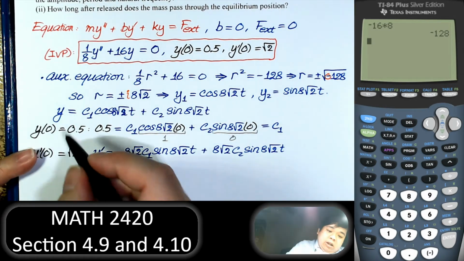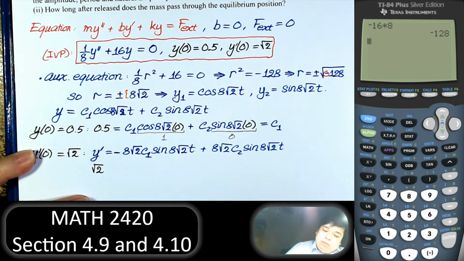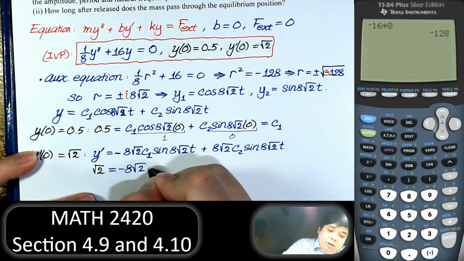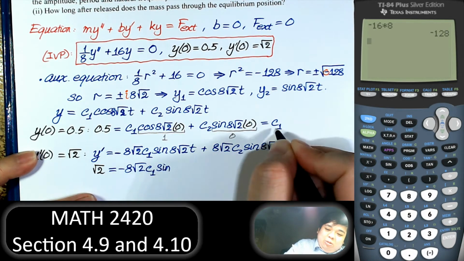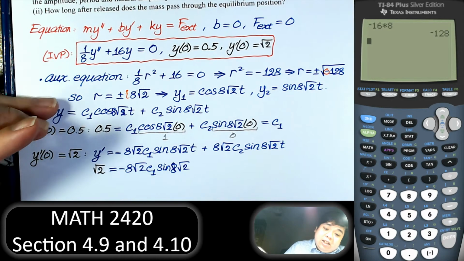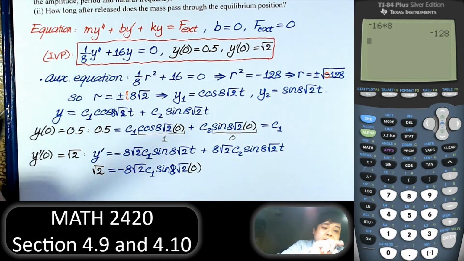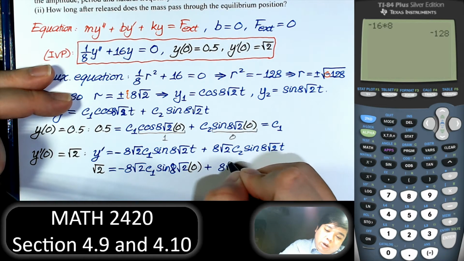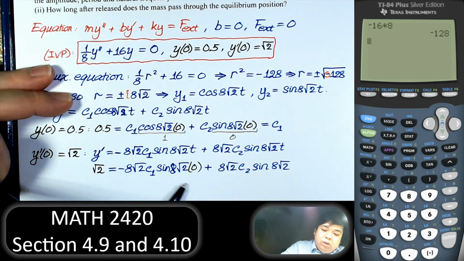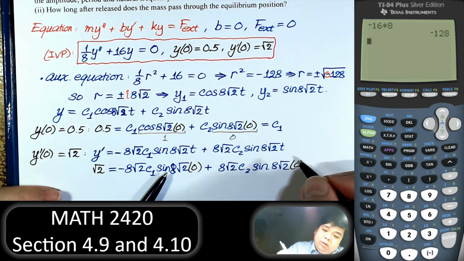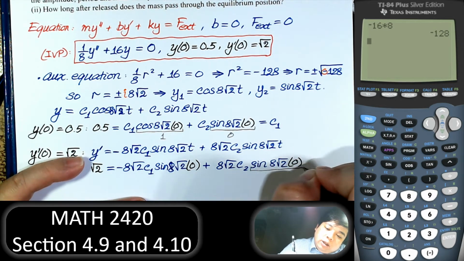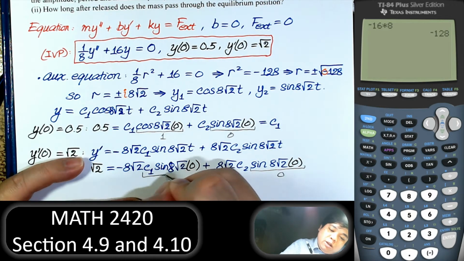Now the initial condition, derivative equal to square root of 2. So that's why I said we don't need to put c1 here, because here we have 8 square root of 2, t is equal to 0, so the whole thing is 0 anyway. Sine equal to 0, cosine of 0 is equal to 1.